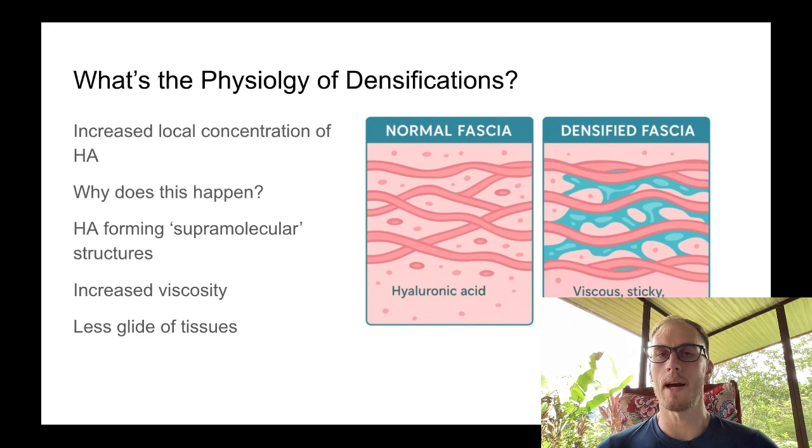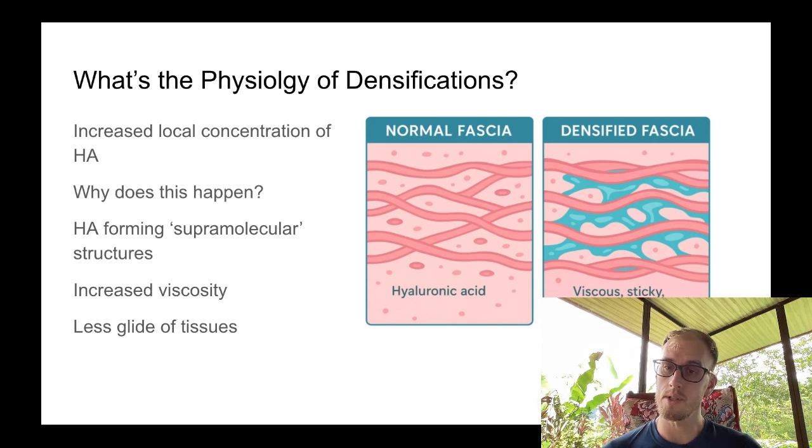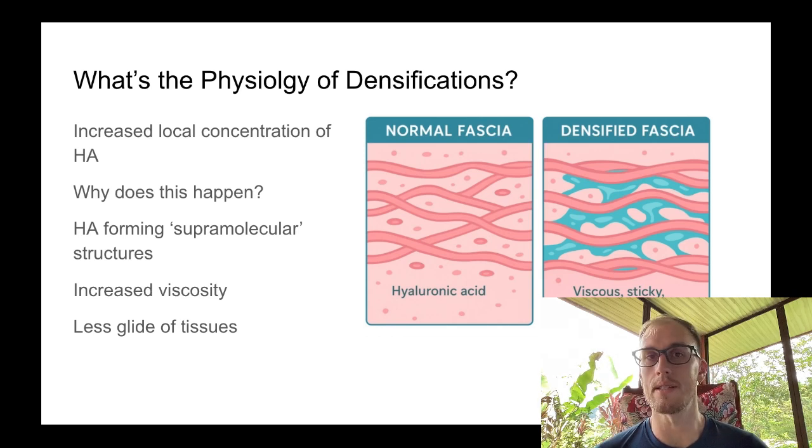Why does this happen? Why does hyaluronic acid accumulate? Well, one of the reasons that we've been able to identify so far is inflammation. Inflammation often accompanies accumulations of hyaluronic acid, so we know that there's some degree of linkage there. The questions around that might continue to evolve.